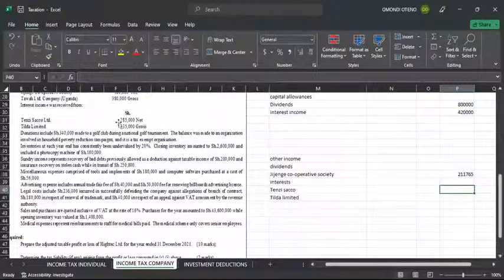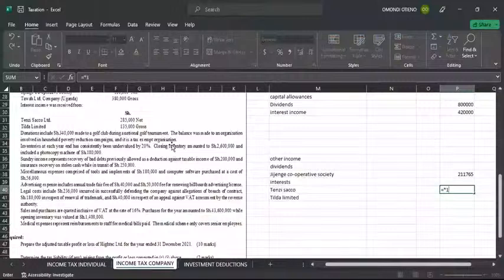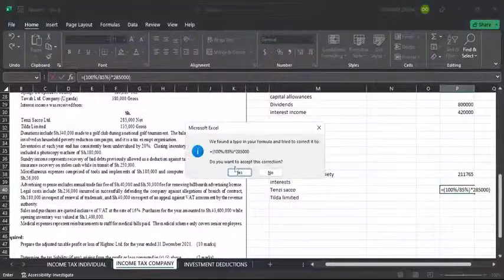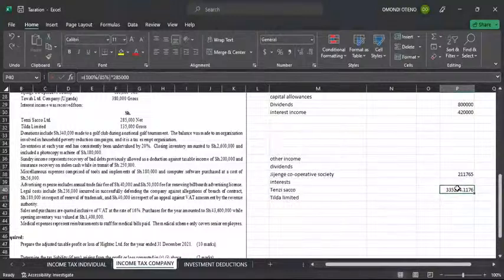The real value we will put: if 85% is equal to this, 100% will be what? 335,294 is equal to 100% divided by 85%, then we multiply by 285,000. If you multiply, that's what we are getting.